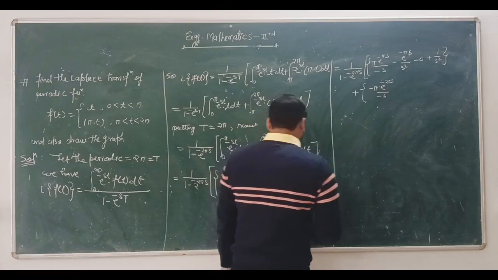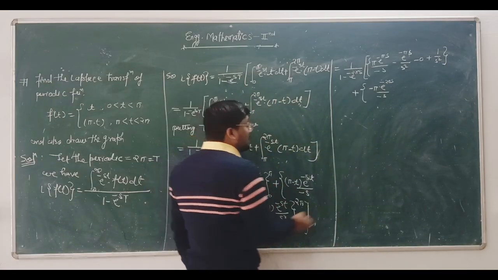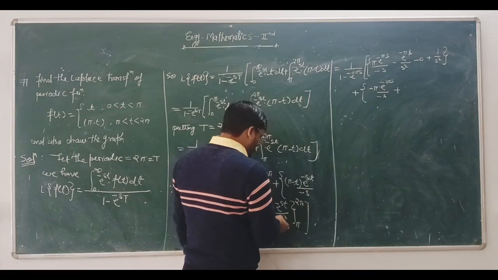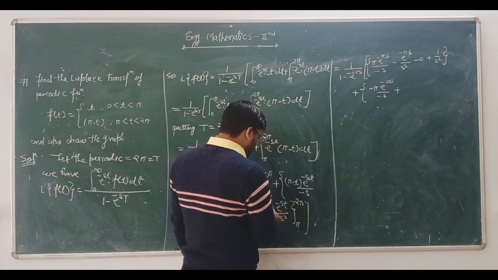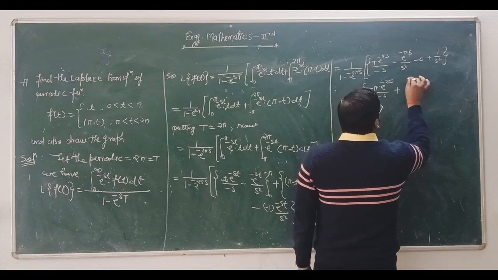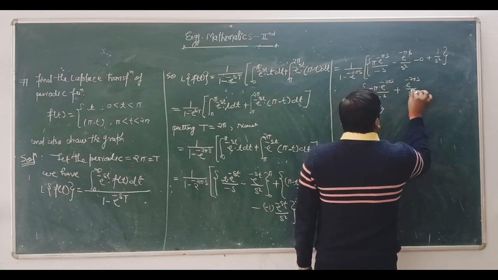Now minus is plus e to the power minus 2 pi s upon s square.